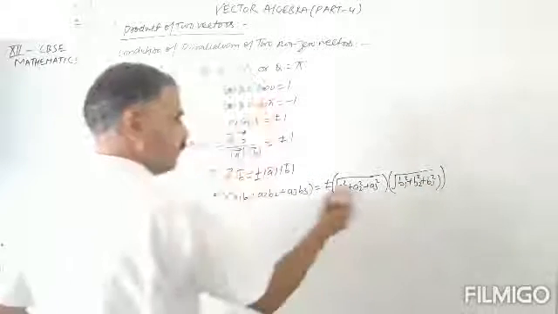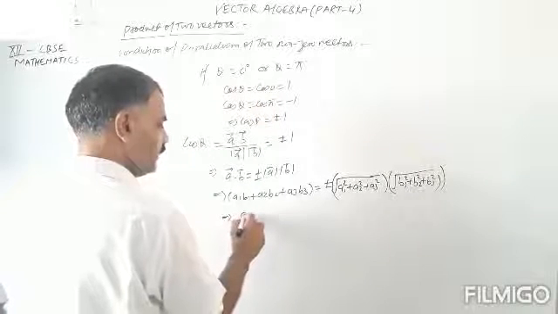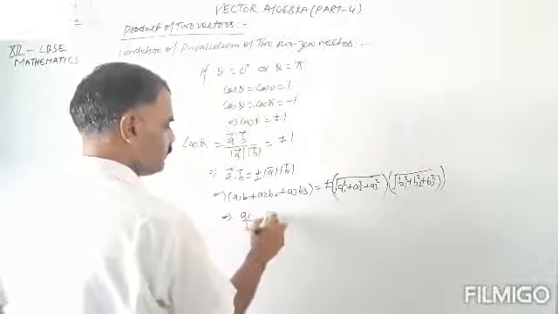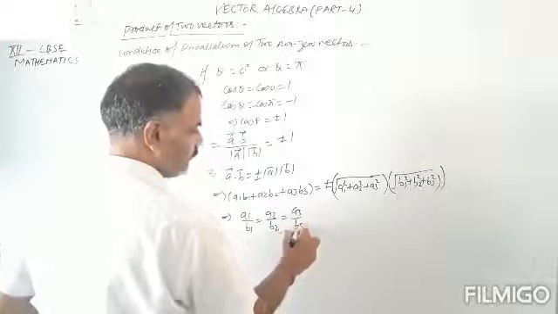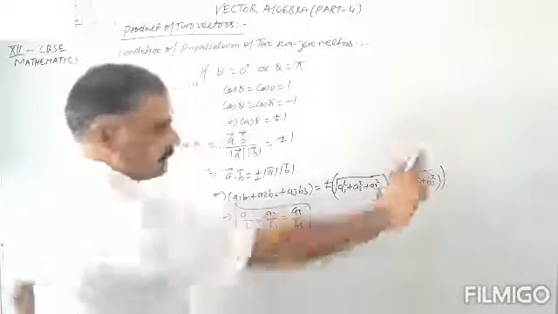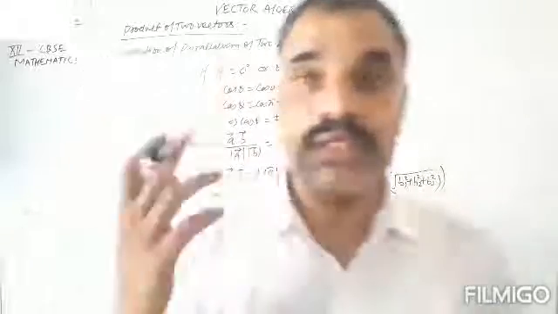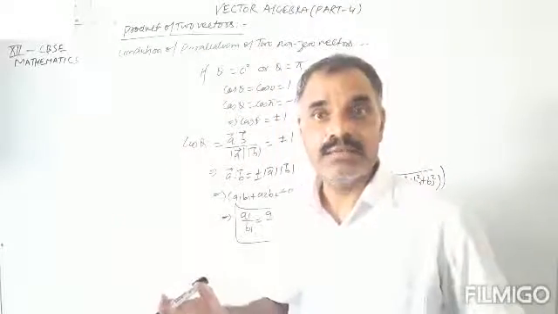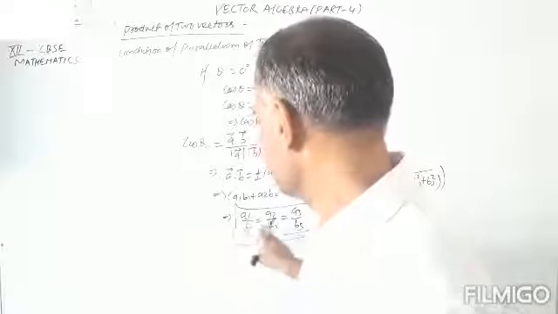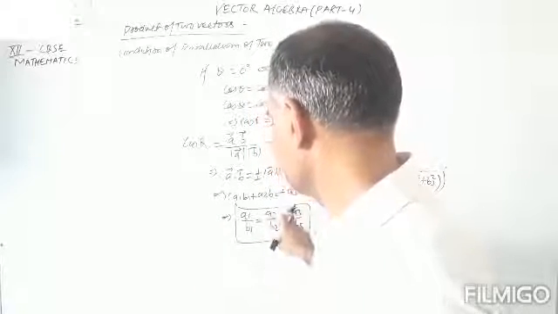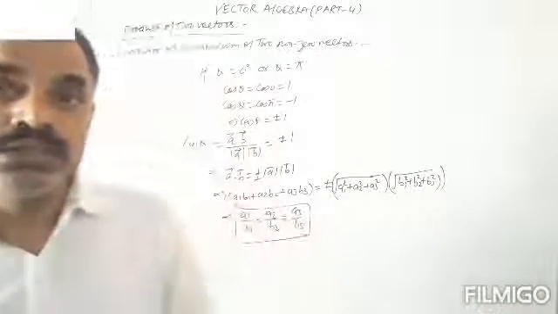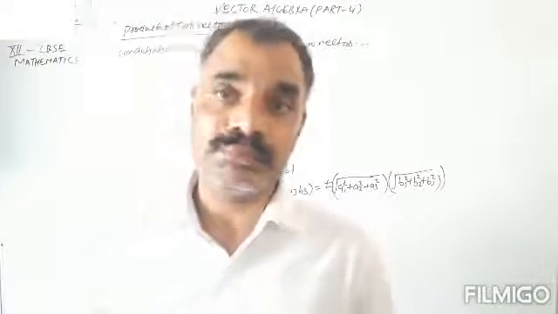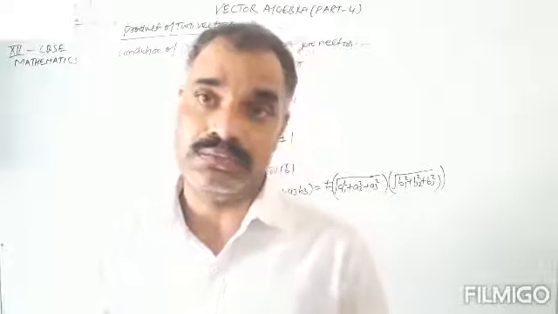After solving this using the Lagrange identity, we will have the relation a1 upon b1 equals a2 upon b2 equals a3 upon b3. So this is the condition for the parallelism of two vectors.